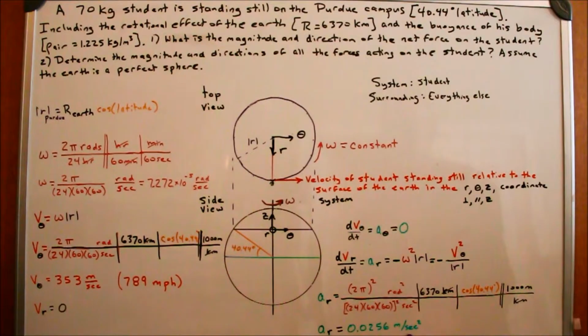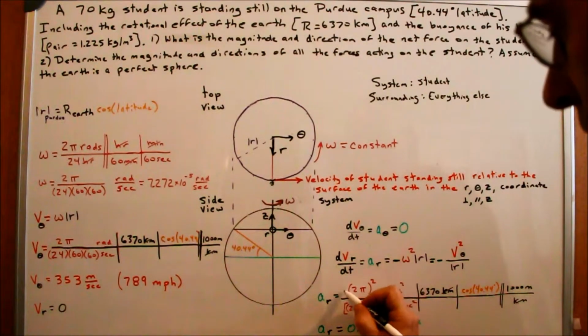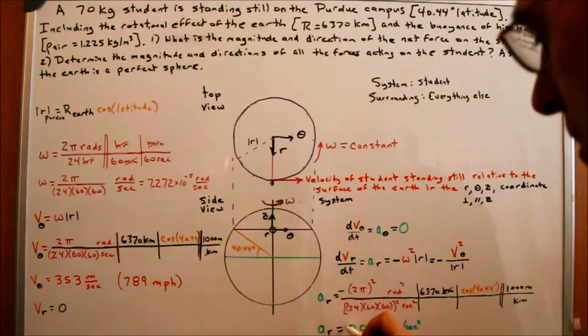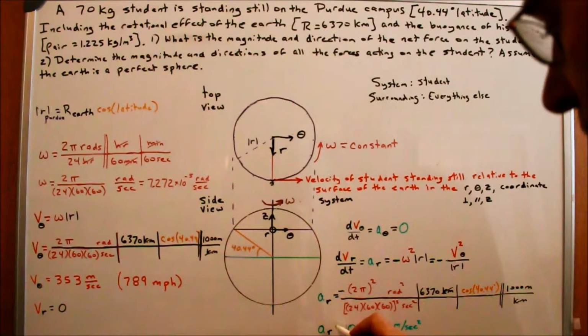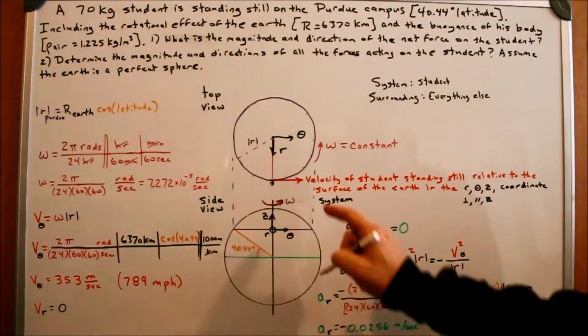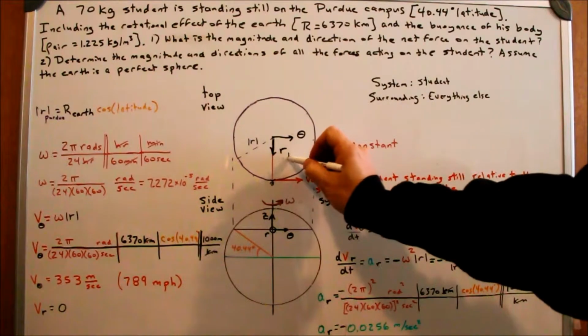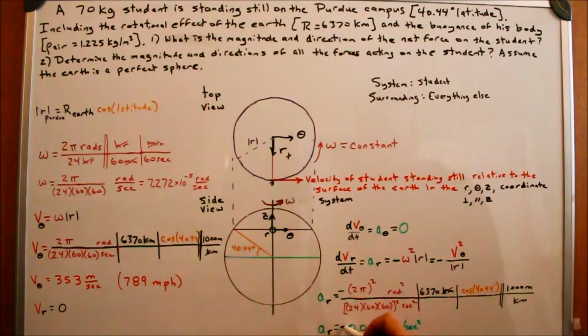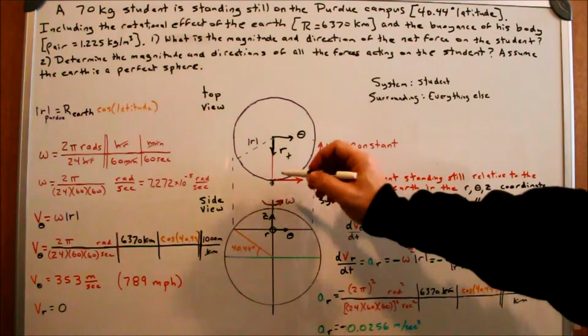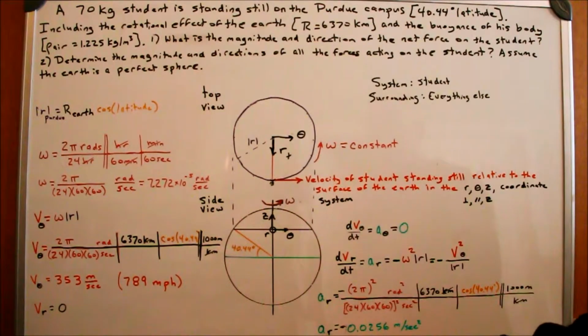It's a minus, and that's a big deal. Since I defined my coordinate system with the positive in that direction, the acceleration radially is towards the center, and that's what the minus signifies, with this magnitude.